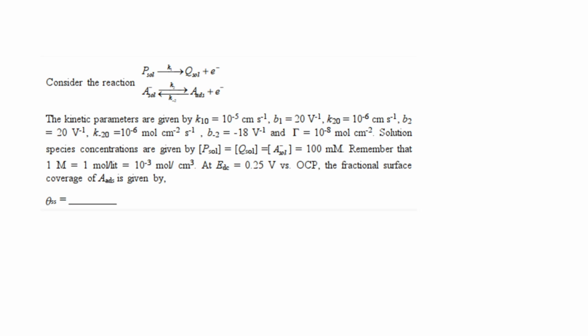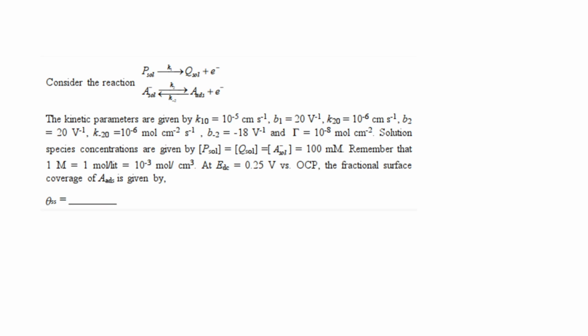The rate constant for the backward reaction of the second step is 10 to the power minus 6 moles per centimeter square per second, and for that same step the B value is given as negative 18 volt inverse. The total number of sites is 10 to the power minus 8 moles per centimeter square. The solution species concentrations of P solution, Q solution and A solution minus are equal, at 100 millimolar, and the conversion between 1 mole and moles per centimeter cube is given.